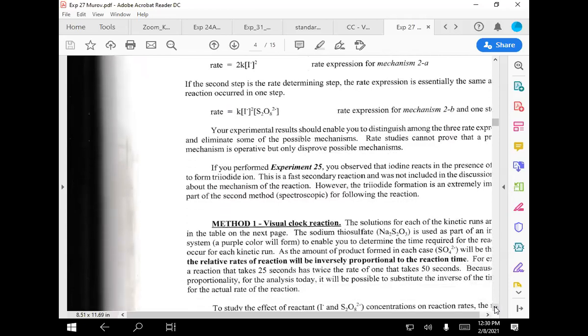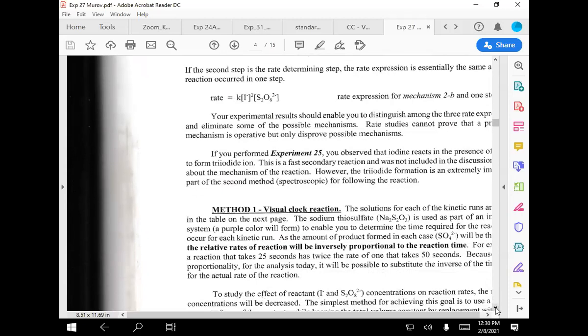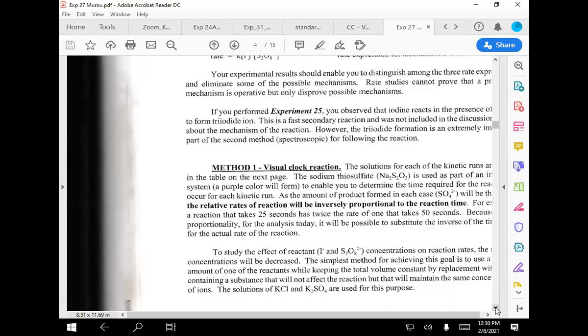Okay, so method 1 is this week. Because this is a 2-week experiment, we're only going to look at method 1 this week. So this is your method 1.